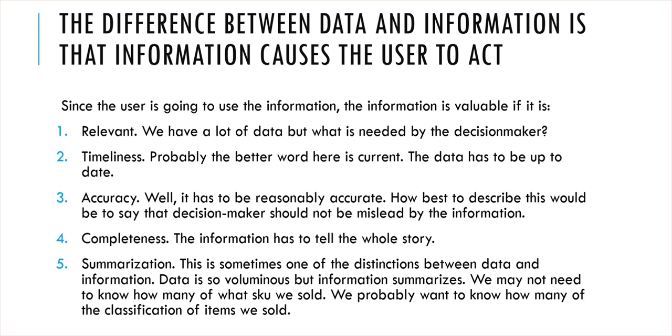In other words, I can rely upon it to come to some conclusions or to act, but it isn't to the point where I could say, to the 100th digit, that I can come up with exactly a number, or with 100% satisfaction that I will always be accurate. It is close enough that it can drive my decision, and I would not be misled if I looked at this information and used it to act.